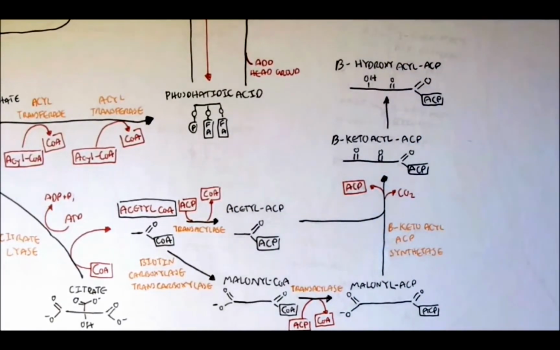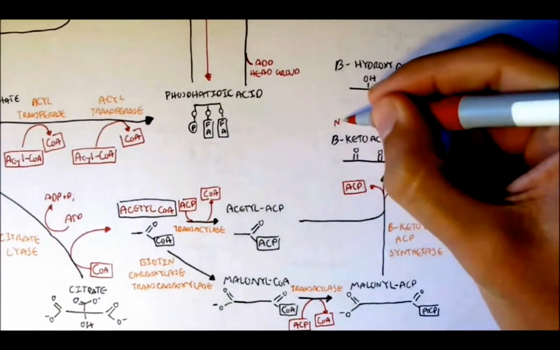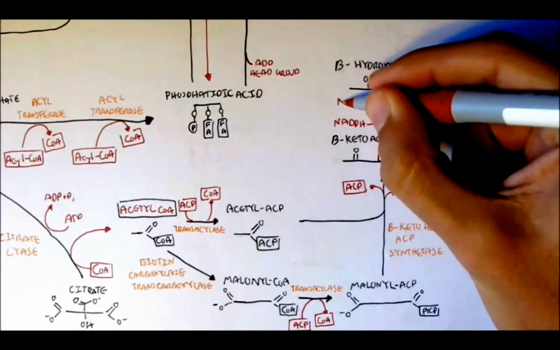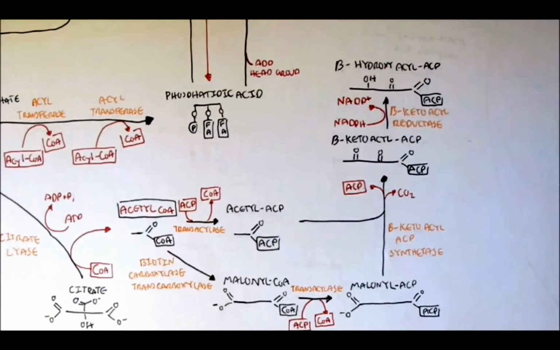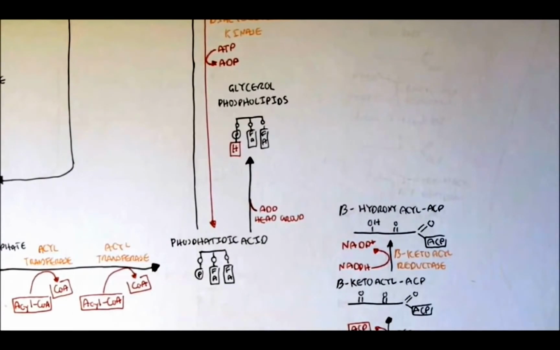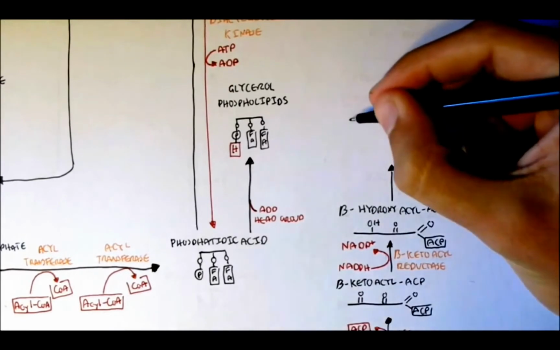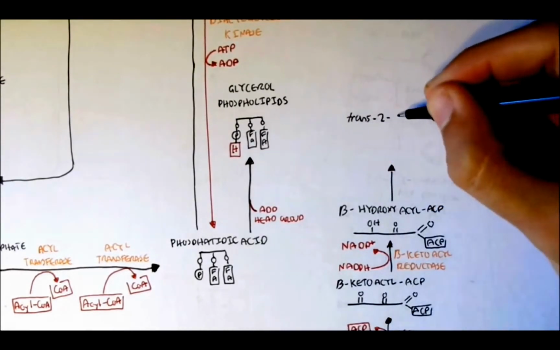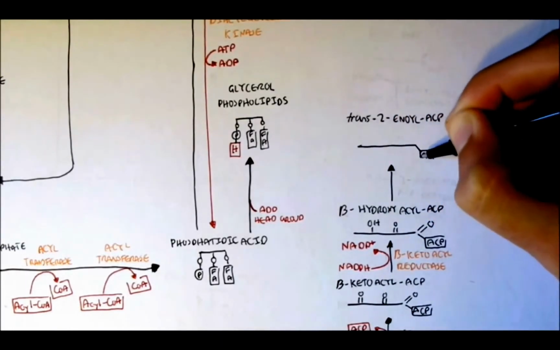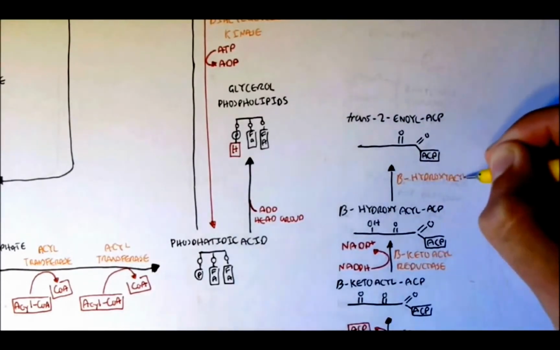So we have looked at condensation already. The next one is reduction. Beta-ketoacyl ACP is then reduced to form beta-hydroxyacyl ACP by the enzyme beta-ketoacyl reductase. NADPH is oxidized to NADP. Beta-hydroxyacyl ACP will then be dehydrated, which is the third step, to trans-2-enoyl ACP by the enzyme beta-hydroxyacyl ACP dehydratase.